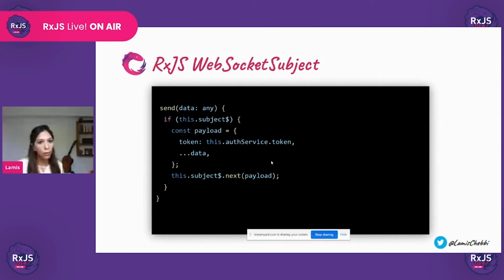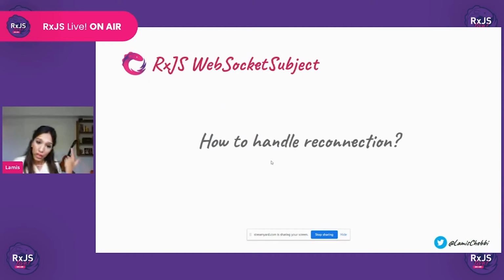So an implementation should be done in the server-side layer, and in your front end, you just send this authenticator. And the last question, how to handle the reconnection? Well, for this part, the reconnection is not offered by the RxJS WebSocket subject by default, nor by the WebSocket protocol in itself.